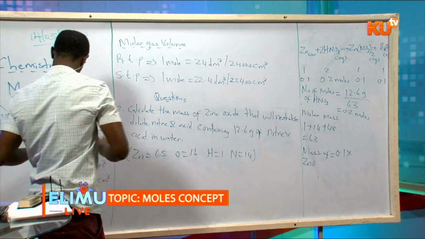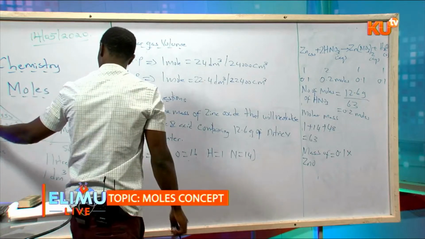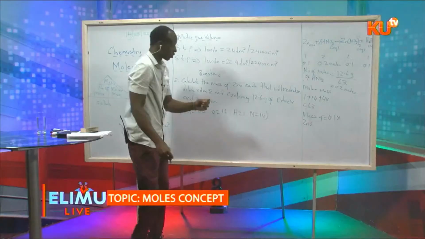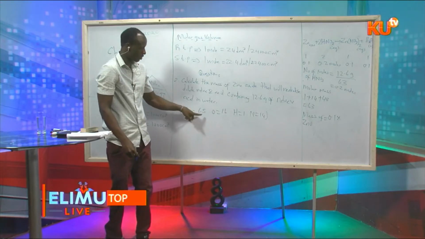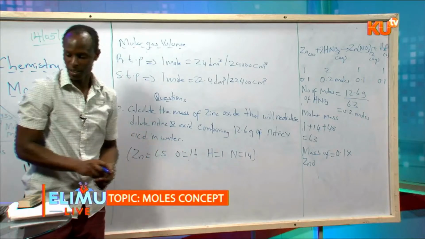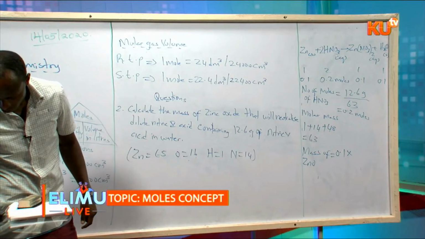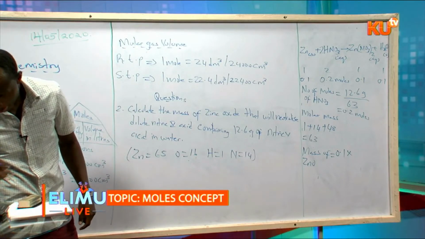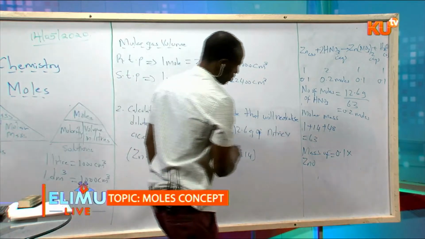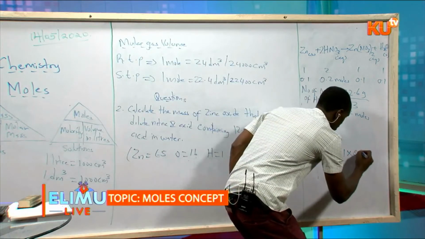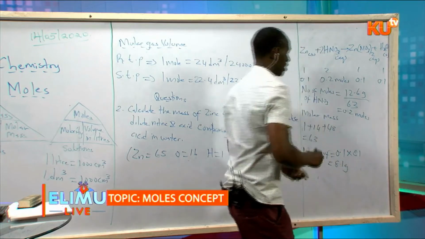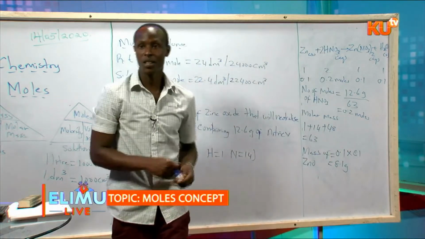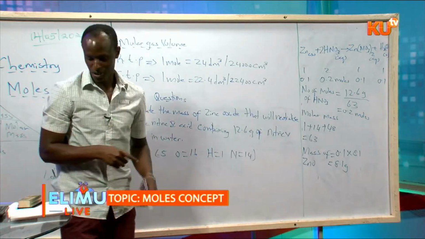Remember, mass is number of moles times molar mass. ZnO is zinc and oxygen, so that's 65 plus 16, 81. So mass is 0.1 times 81. You get 8.1 grams.